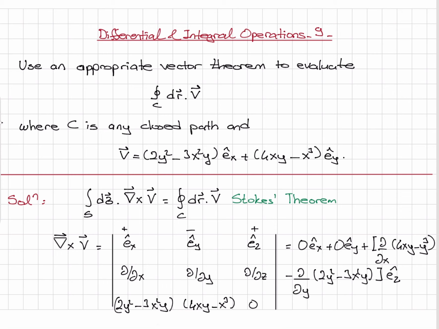Okay, so evaluating this derivative here, we're going to obtain 4y for the x derivative. This is del x of 4xy minus x cube, so not y cube. This is x cube. So we will have 4y minus 3x², and then here we will have minus 4y, and then we will have plus 3x².